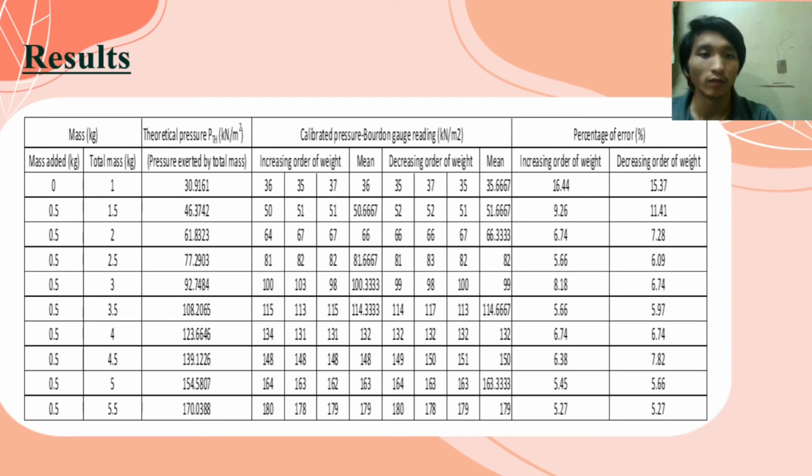So this is the result that we obtained from this experiment. As you can see from the table, this is all of the data that we obtained from the experiment. In the first column, we have mass, divided into two, which are mass added and total mass. Both are in kg.